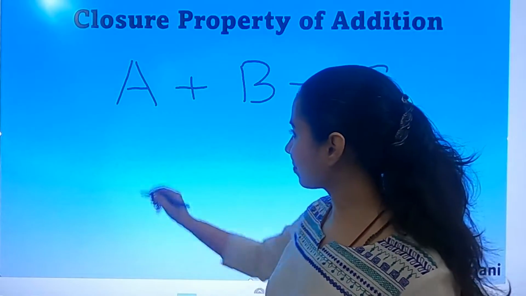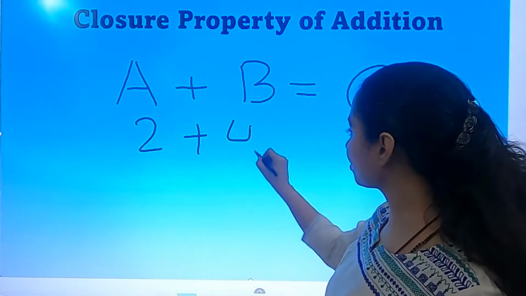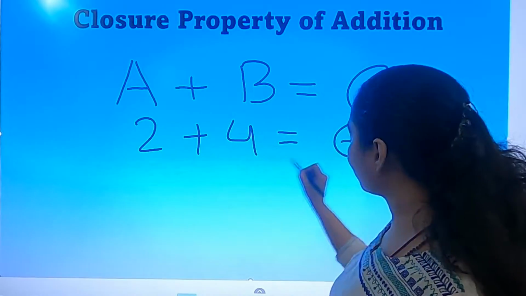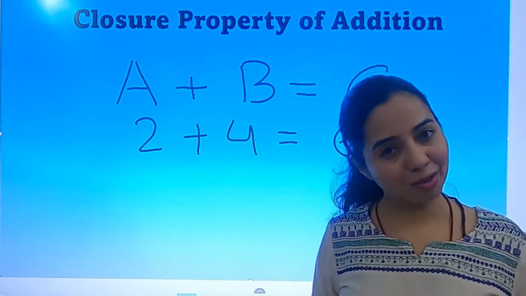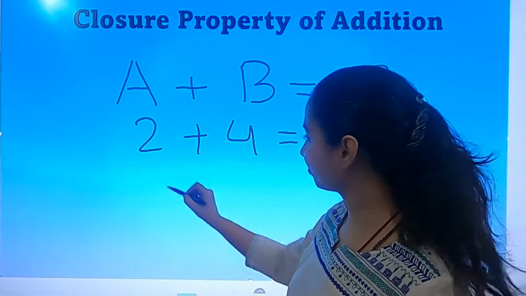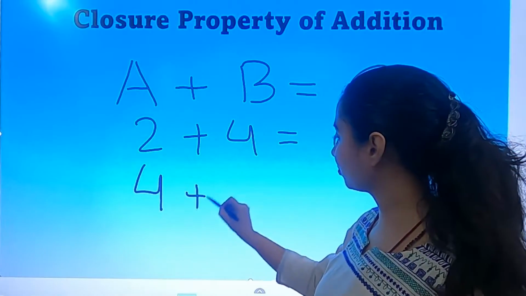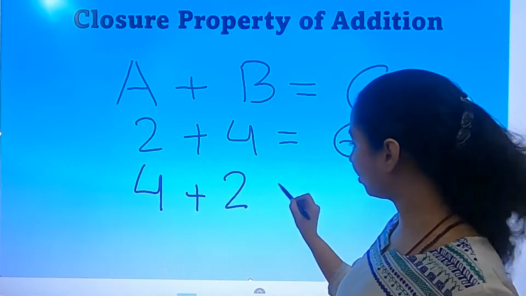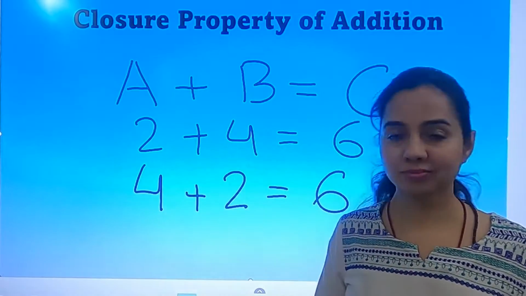So can we check this? Let's take 2 numbers. 2 plus 4 is equal to 6. We all know that 2 is a whole number, 4 is a whole number, and 6 is also a whole number. Then, if we reverse the order, 4 plus 2: 4 is a whole number, 2 is a whole number, 6 is a whole number.